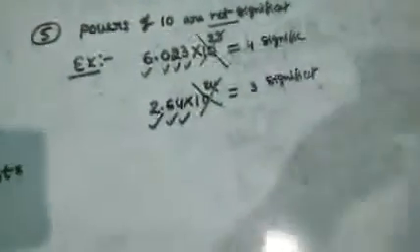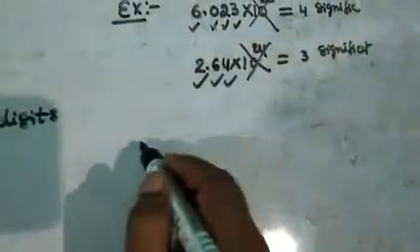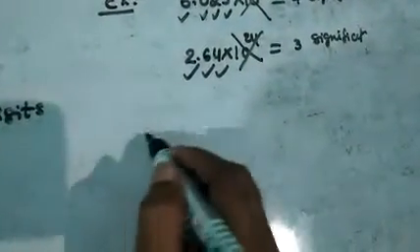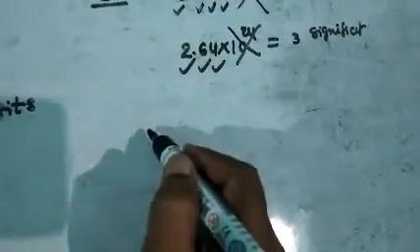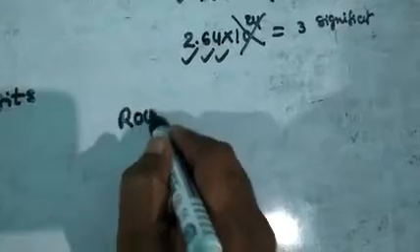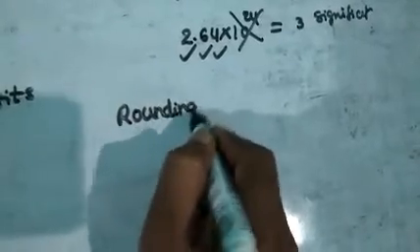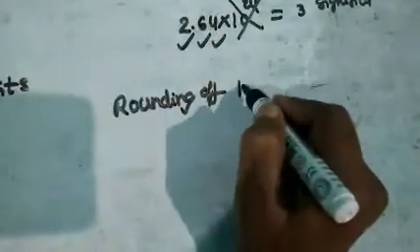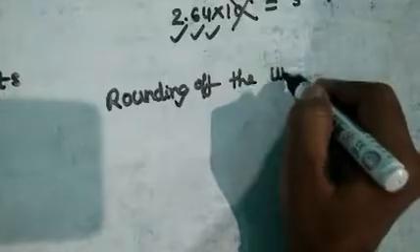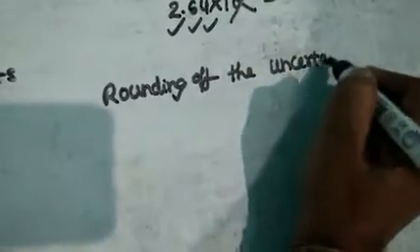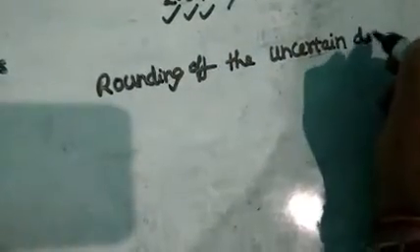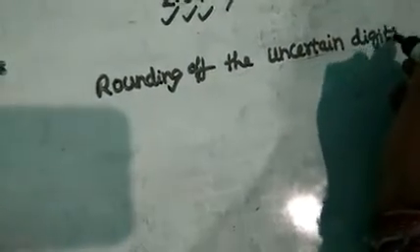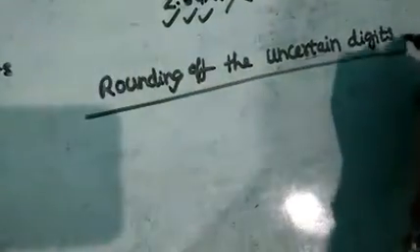Okay. Now rounding off the numbers, rounding off the uncertain digits. Uncertain means unnecessary. So try to understand. I think some points maybe you know.